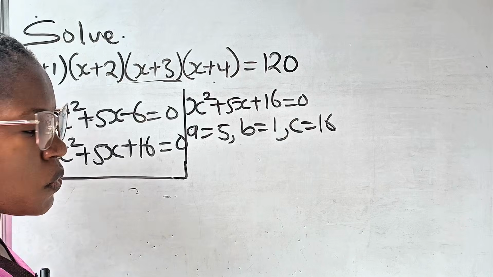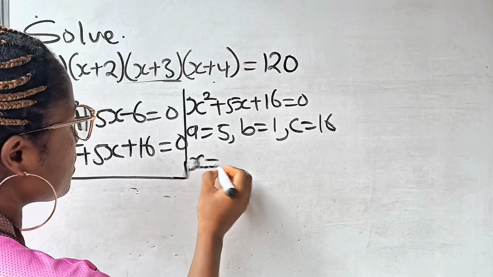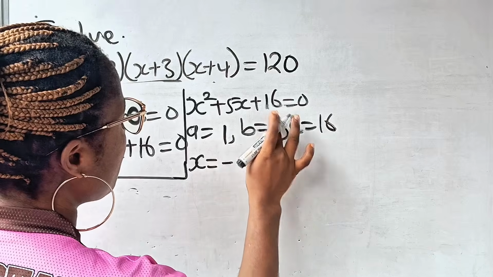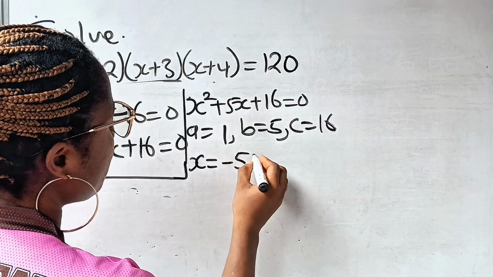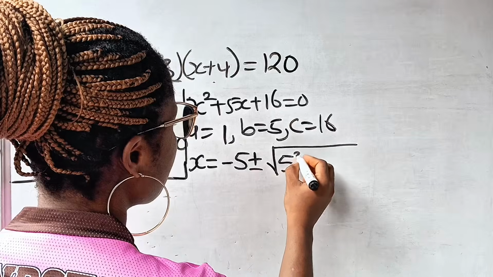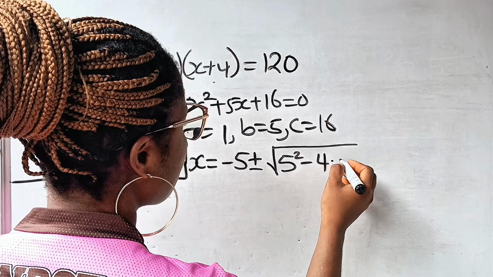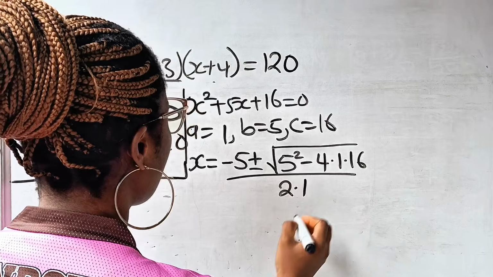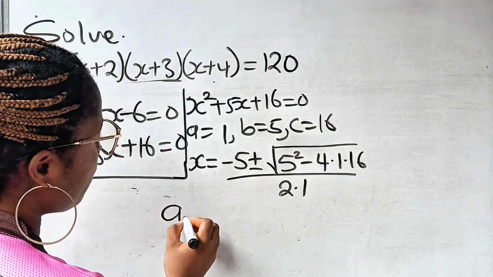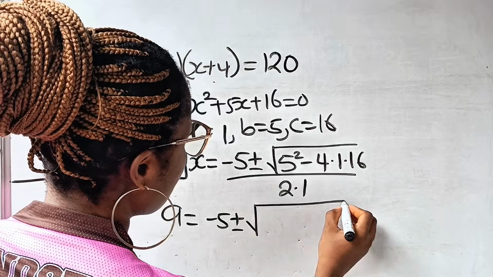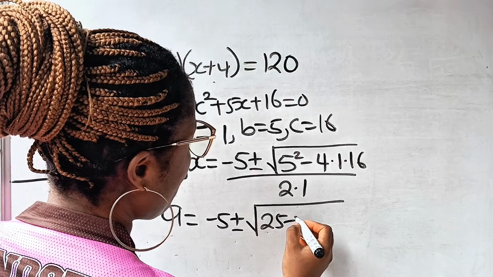Using the quadratic formula, we'll have x is minus 5 plus or minus square root of b squared minus 4ac, everything divided by 2a.